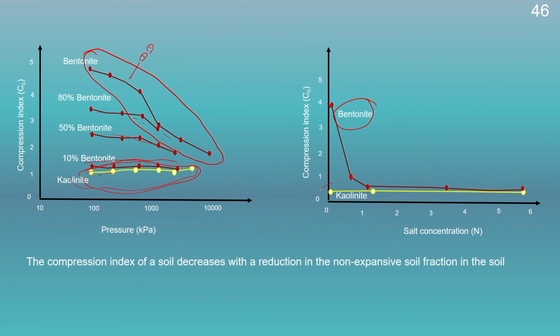Whereas, if we look into the kaolinite over here, the kaolinite is marginally affected with the increase in the salt concentration, because here its diffuse double layer thickness is not affected, since it is not able to form the diffuse double layer. Therefore, the kaolinite is least affected in the presence of salt concentration in comparison to the bentonite.